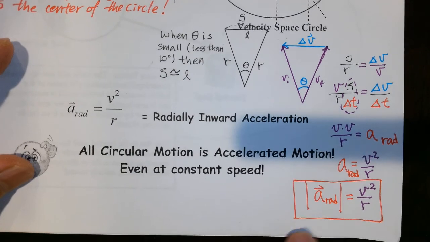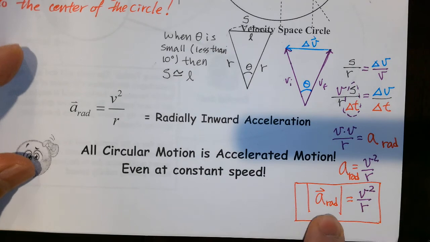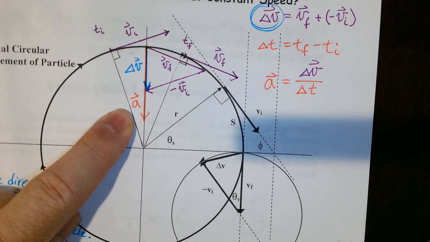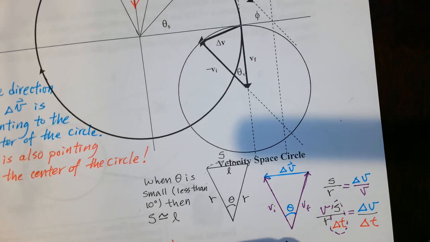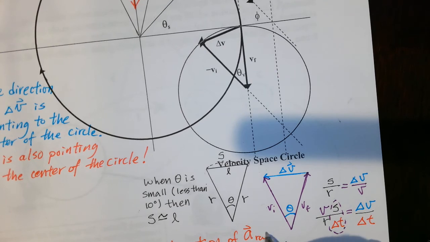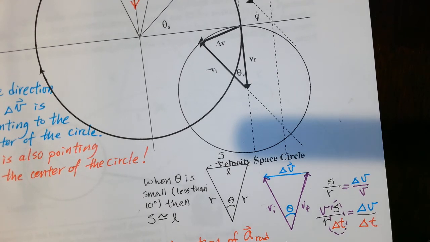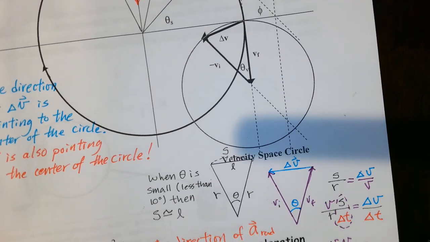The direction of this radial acceleration, we just calculated it right here. The direction of a radial acceleration is always inward towards the center of the circle. Okay?